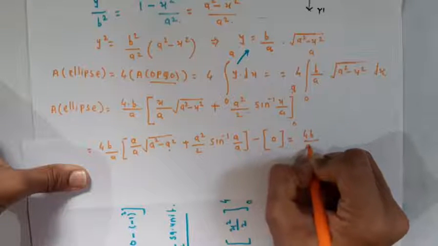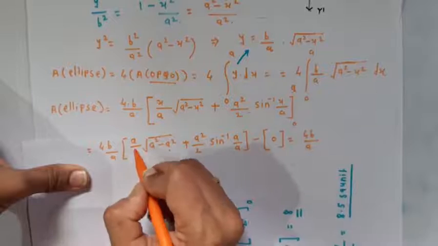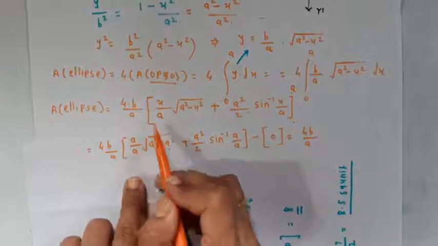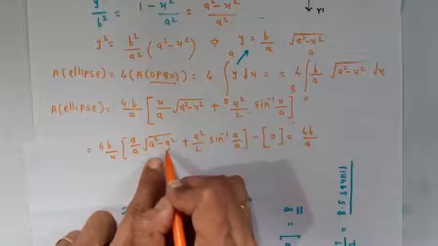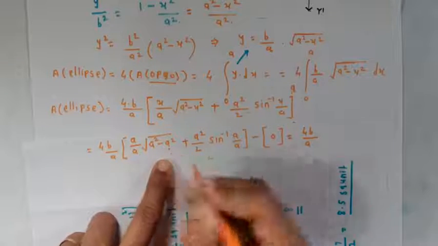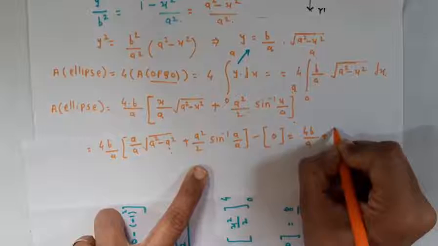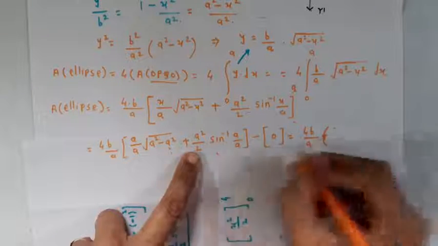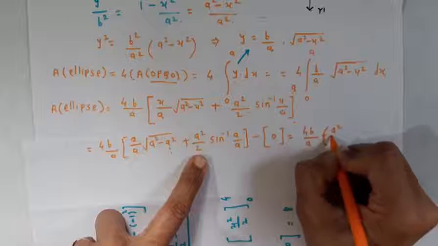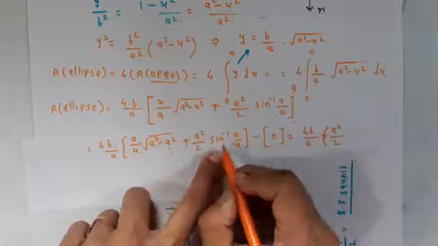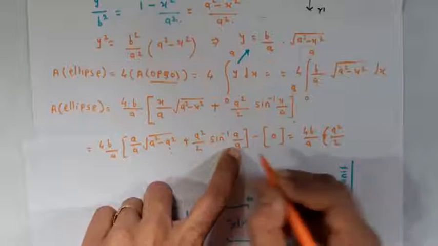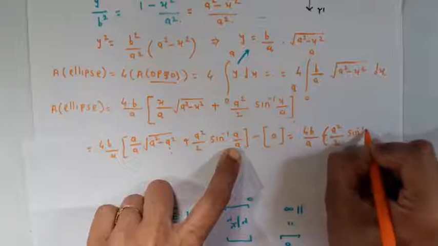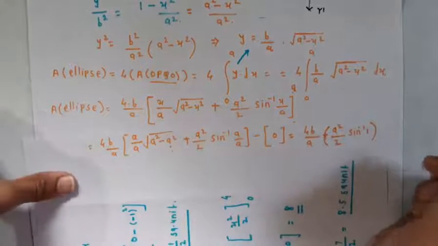So this is 4b upon a times: a square minus a square, the first term cancels, that is 0, plus a square upon 2, and sine inverse of a by a is sine inverse of 1, which is pi by 2.